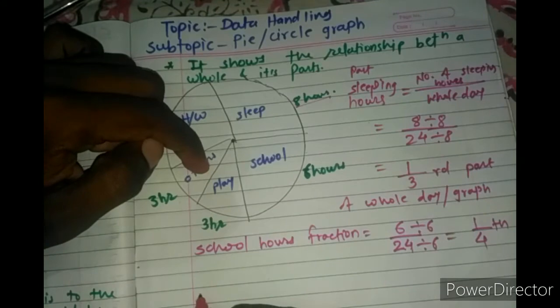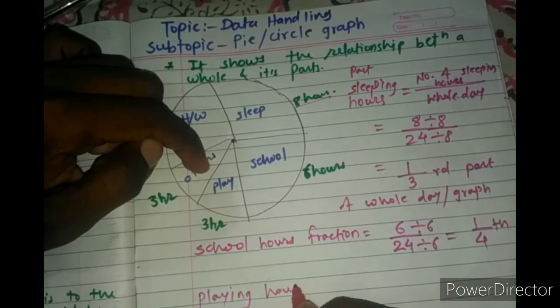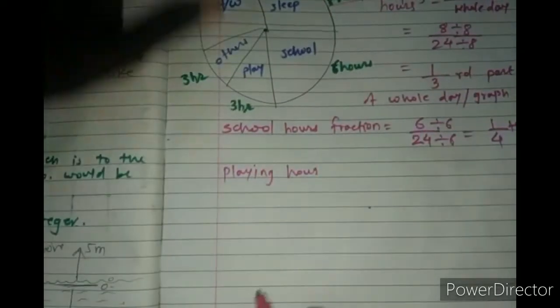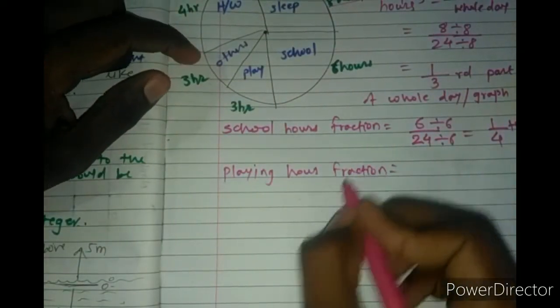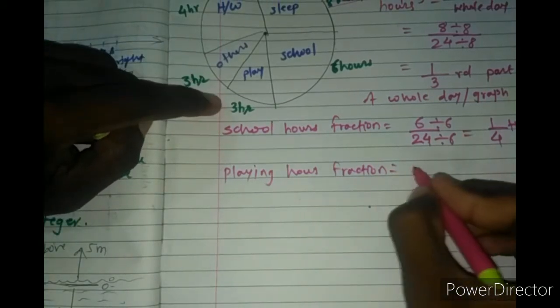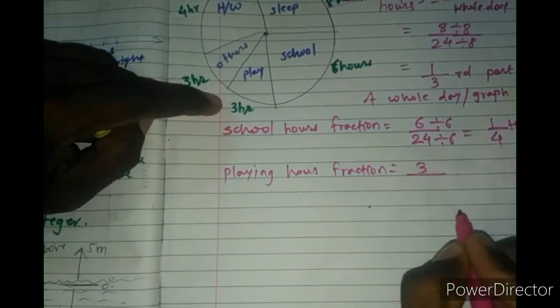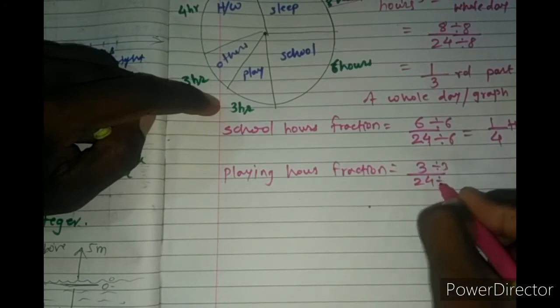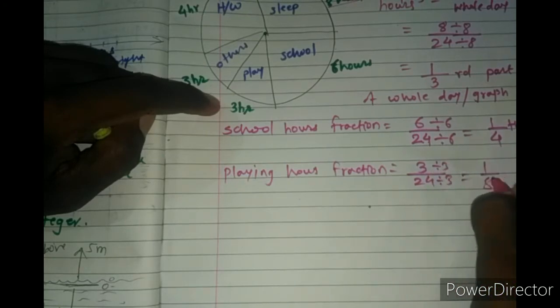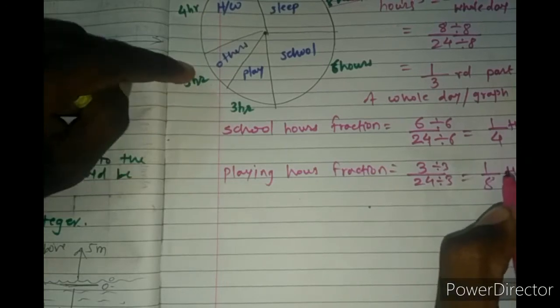After that, the playing hours fraction is the number of playing hours, 3, upon whole day hours, 24, so divide by 3, 1 by 8th part, right?